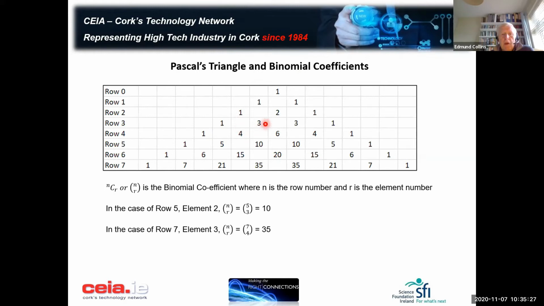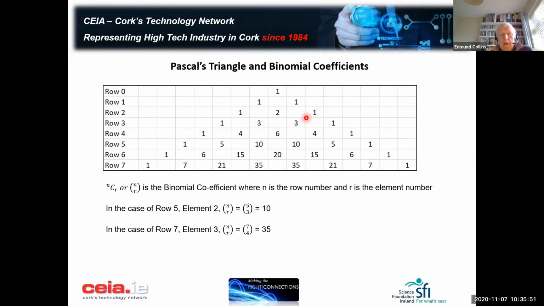you see that if you add 1 and 3 here, you get 4. 3 and 3, you get 6. 3 and 1, you get 4, and so on. So there is a symmetry here. If you look at it, you've 1, 2, 3, 4, 5, 6 along here, and 1, 2, 3, 4, 5, 6 along here, and so on.